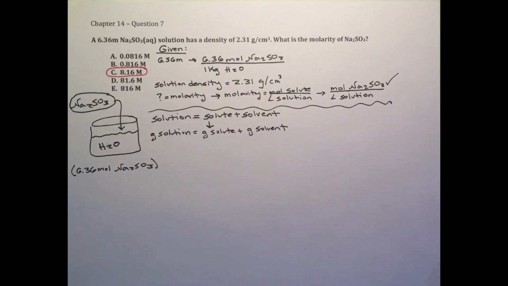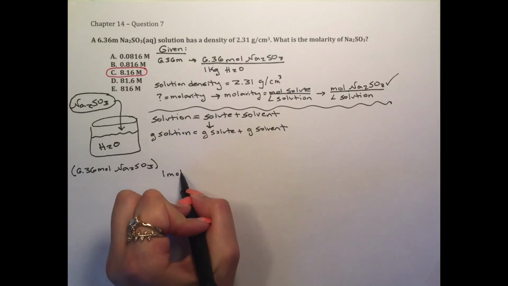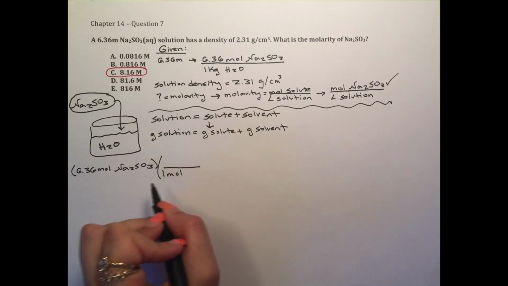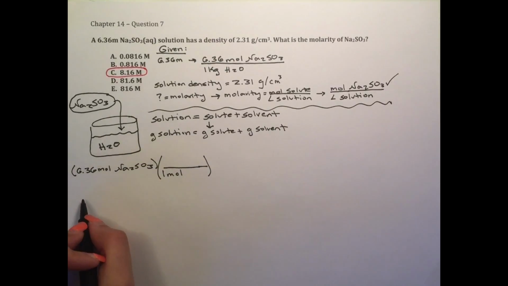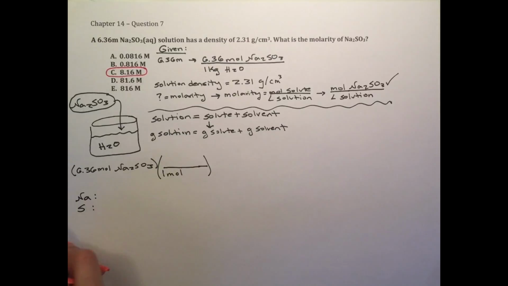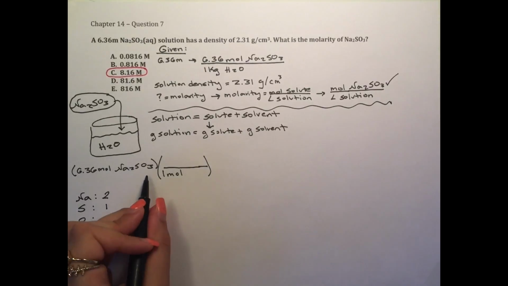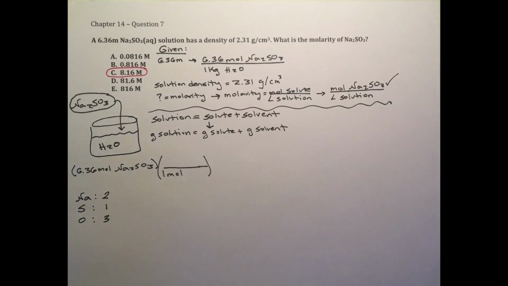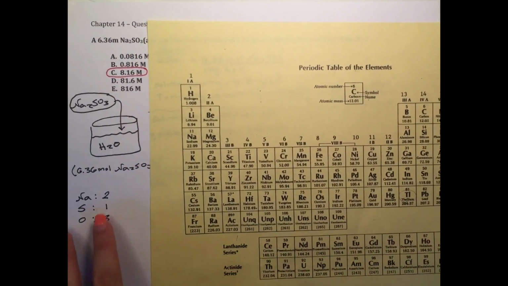Okay, so we have 6.36 moles of Na2SO3. And for 1 mole of Na2SO3, we need to find how many grams we have. So what we are going to do is look at what it is comprised of. We have Na, we have S, and we have O. We have 2 Nas, 1 S, and 3 O's. So now we multiply them by their molar masses.